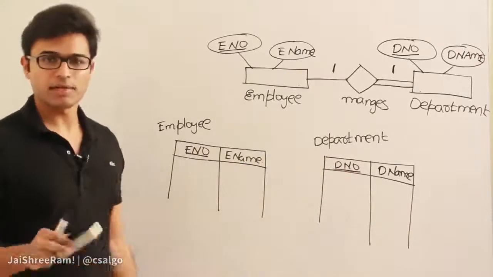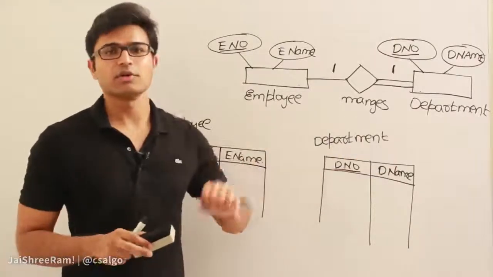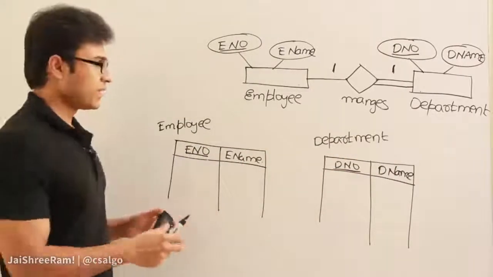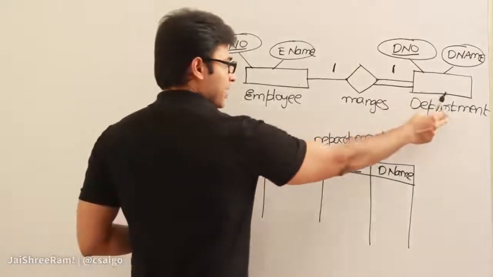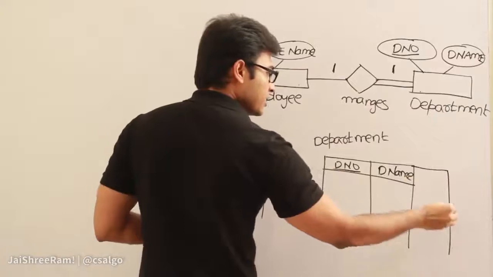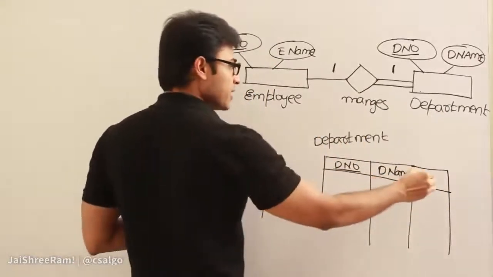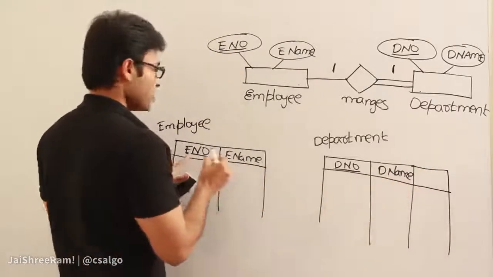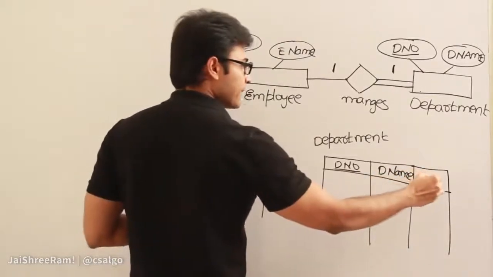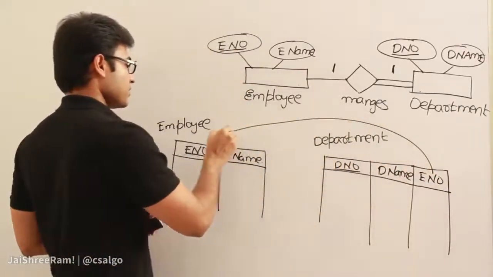Anything you can do, but the best thing is to do the inclusion on the total participating side, which means since department is totally participating in this relationship, it is better that you include the primary key of the employee as the foreign key of the department, which means it is better that you include this employee number here, right? And make sure that this one refers to this.